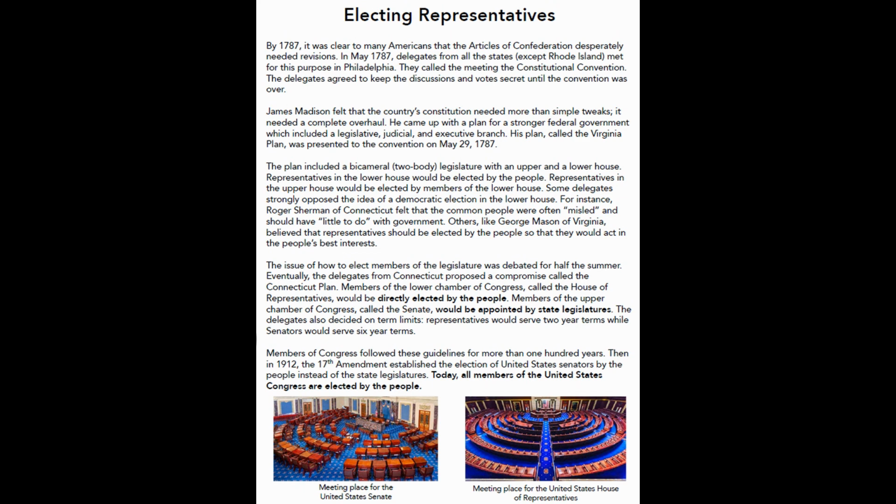The delegates also decided on term limits. Representatives would serve 2-year terms, while senators would serve 6-year terms. Members of Congress followed these guidelines for more than 100 years. Then, in 1912, the 17th Amendment established the election of the United States senators by the people instead of the state legislatures. Today, all members of the United States Congress are elected by the people.